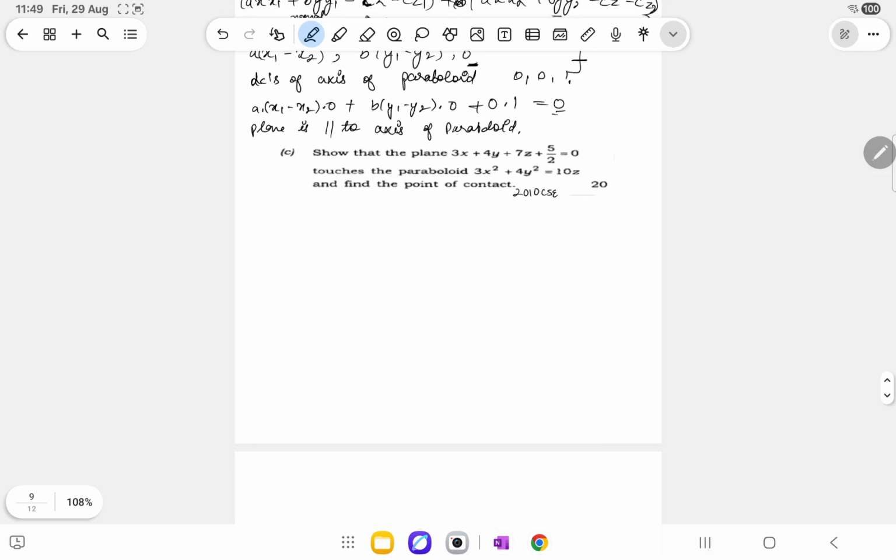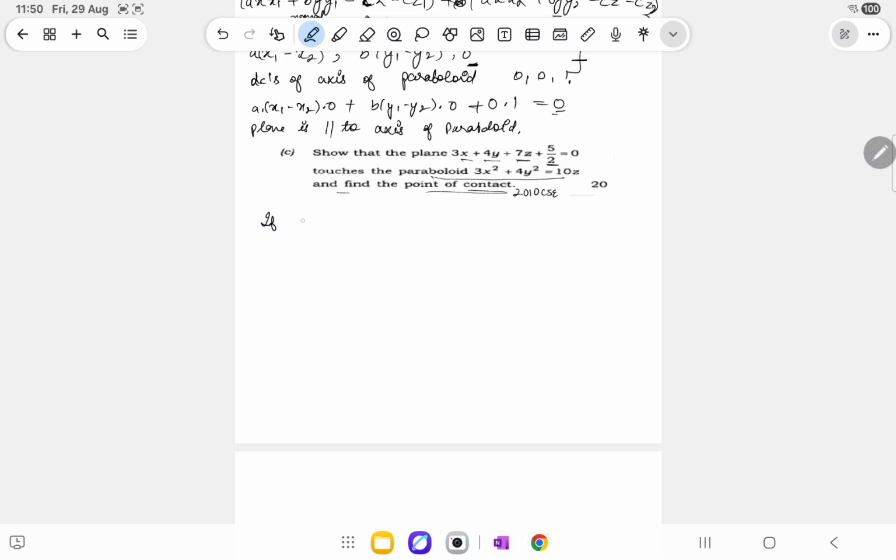So the next question says: show that the plane 3x plus 4y plus 7z plus 5 touches this paraboloid and further find the point of contact. So we have a direct tangency condition.